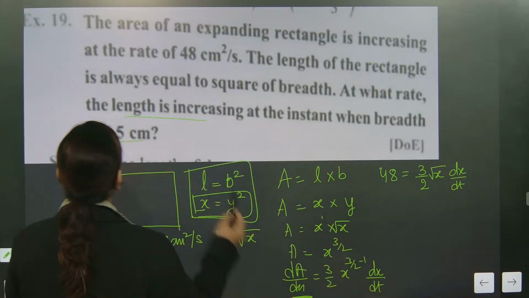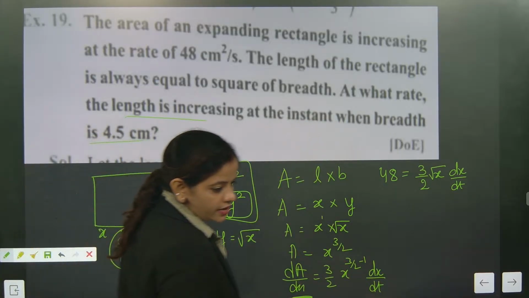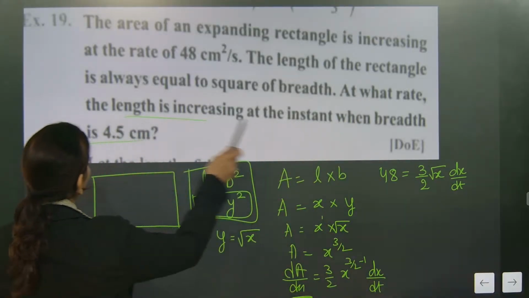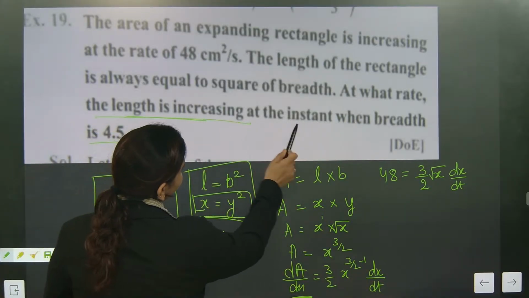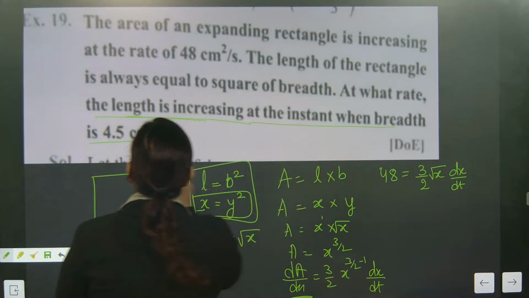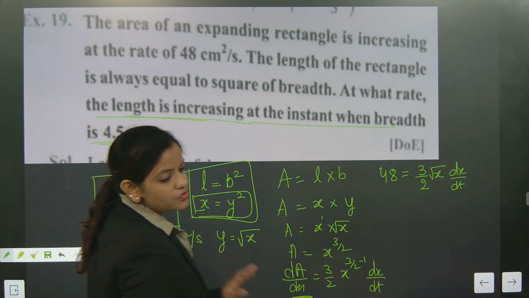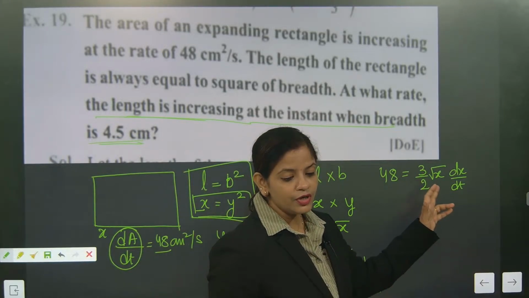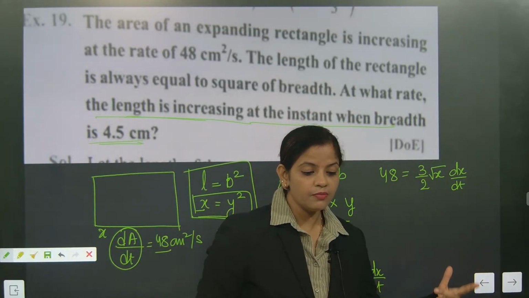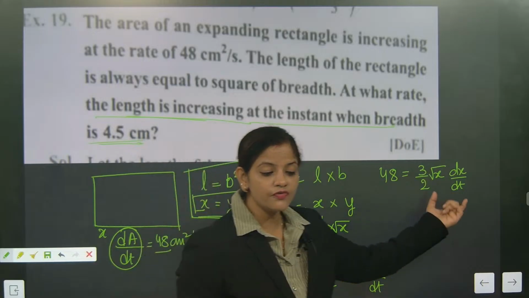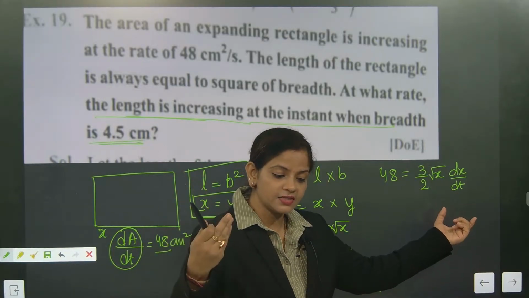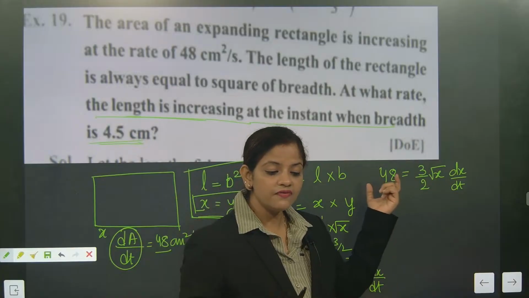Now you check here what they have given. They told one very simple thing which you need to listen to very carefully: at what rate the length is increasing at the instant when breadth is 4.5. So very carefully, after differentiating till here, you have to remove x and put y, because the rate of change of x will decide the value.